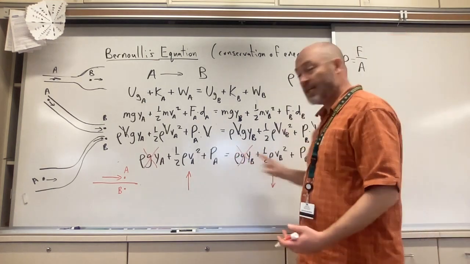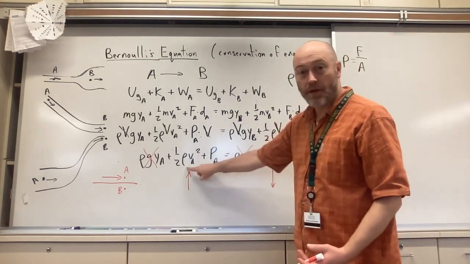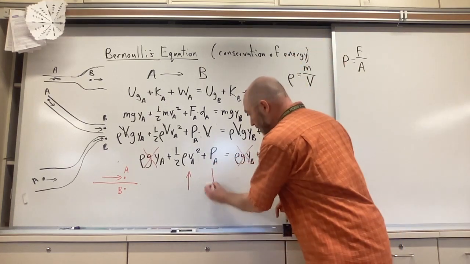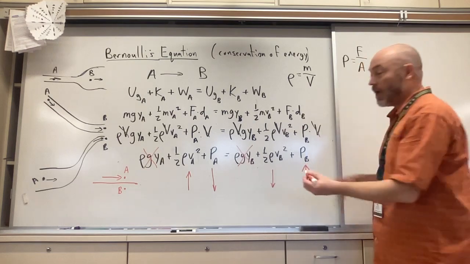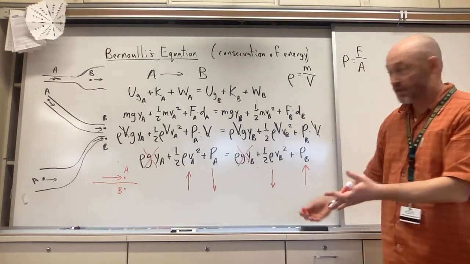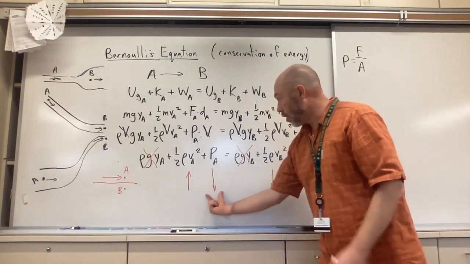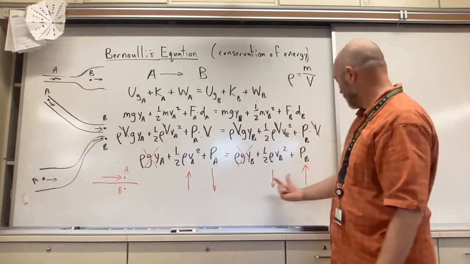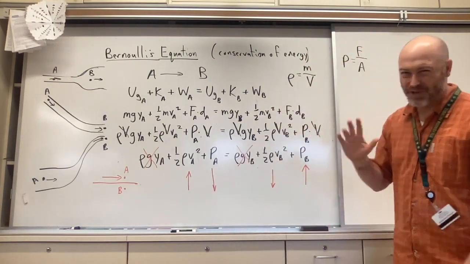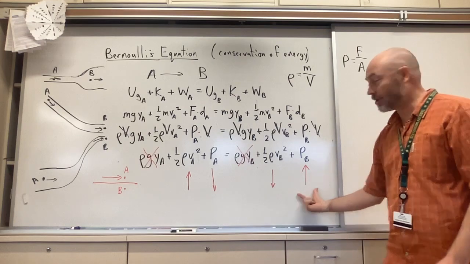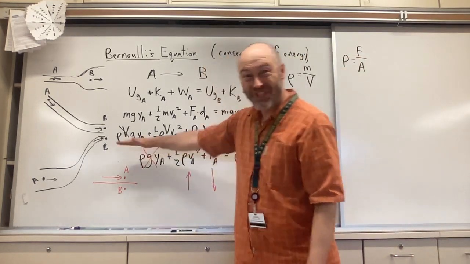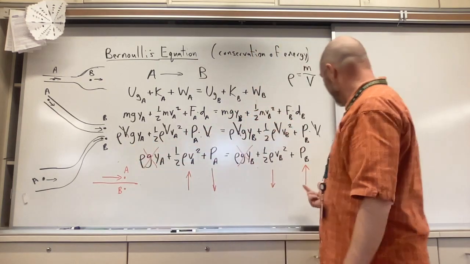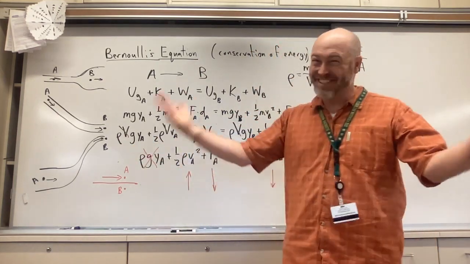Well, if this has to equal this, if that's bigger, this has to be smaller, which means this has to be bigger. And if you remember, fluids always go from a high pressure to a low pressure. So that sheet of paper got pushed up because of high pressure, low pressure.